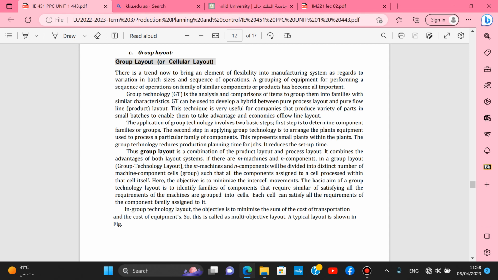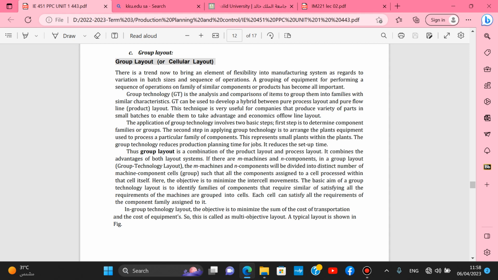The basic aim of a group technology layout is to identify families of components that require similar machines, and the machines satisfying all the requirements are grouped into cells. يعني هما يعني already في أشياء مشتركة بين الكومبوننتس هذه وزيادة عن هذا فإنه حتى في البروسيس اللي راح يمروا عليه أو الماشينز اللي راح يمروا عليه في تشابه أيضا. لذلك إحنا بنقسمهم حسب التشابهات هذه.